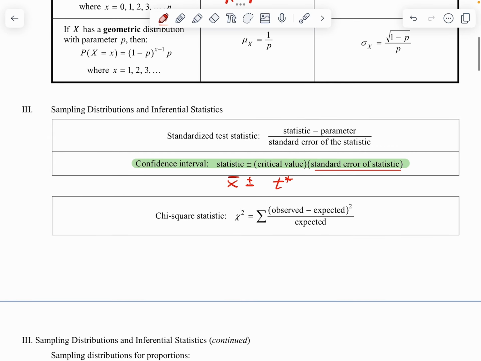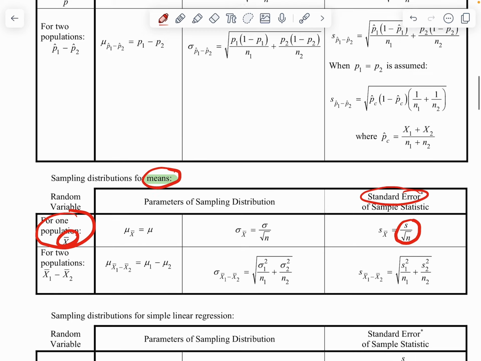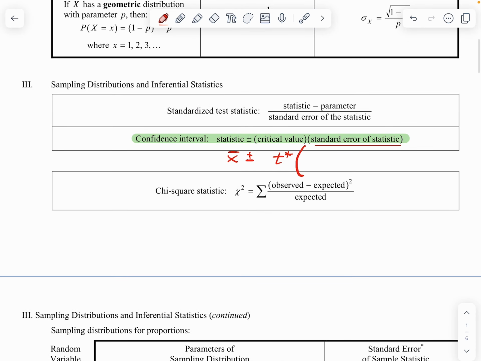You might be wondering, what is that? You go down here, because we're doing means for a single sample, because we have an x bar, and here's the standard error, right there: s divided by square root of n. And they gave us s, so it really wouldn't be that hard to just calculate this.